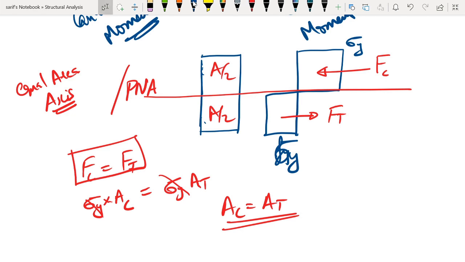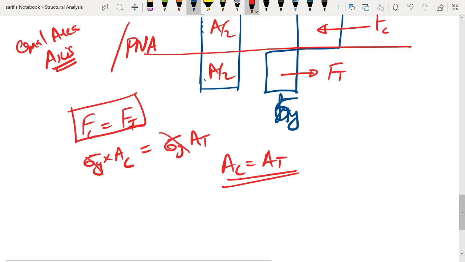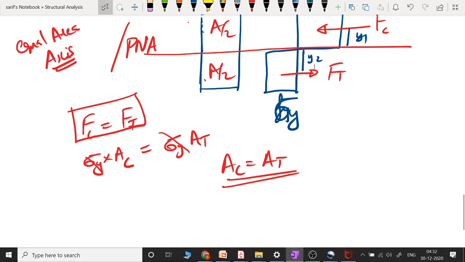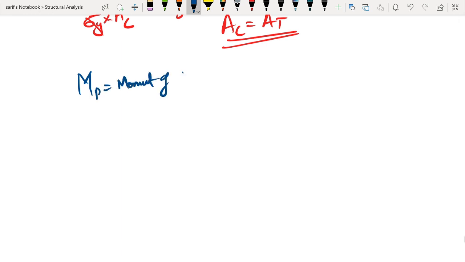Now let us consider the moment equilibrium of the cross section. Let us say this is y1, and the centroidal distance of this force from the plastic neutral axis is y2. If we take moment about the neutral axis, we will see that the plastic moment capacity is nothing but the moment of the forces about the plastic neutral axis.